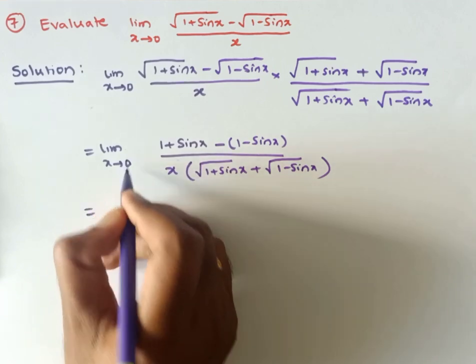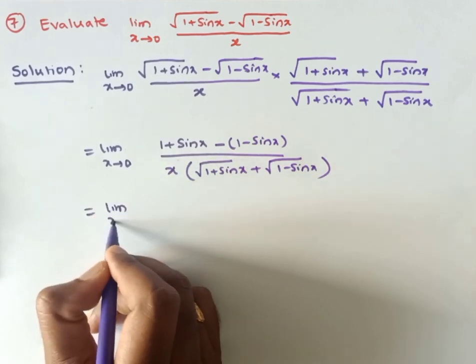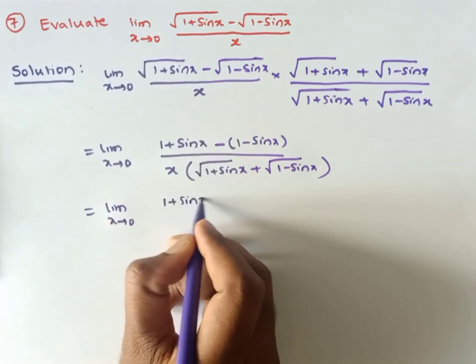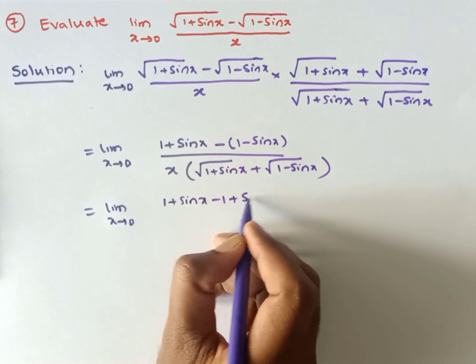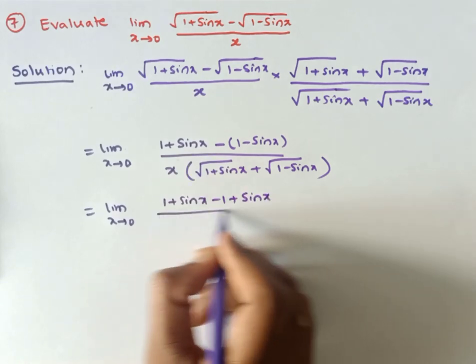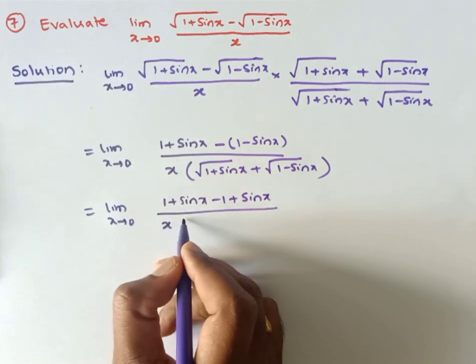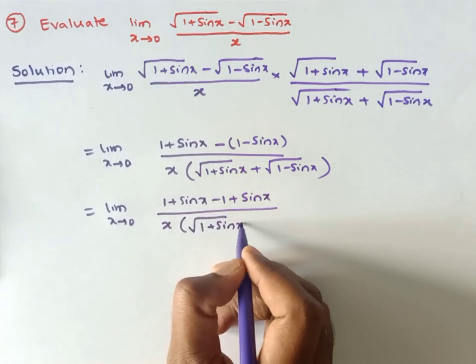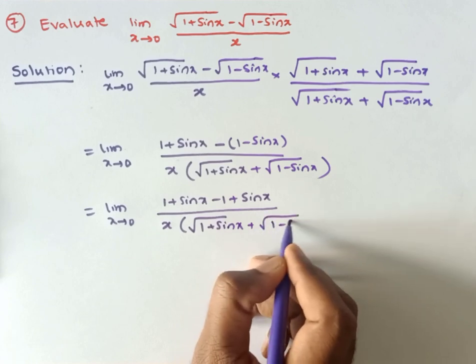Now limit x tends to 0. So this is 1 plus sin x minus 1 plus sin x, divided by x into square root of 1 plus sin x plus root of 1 minus sin x.